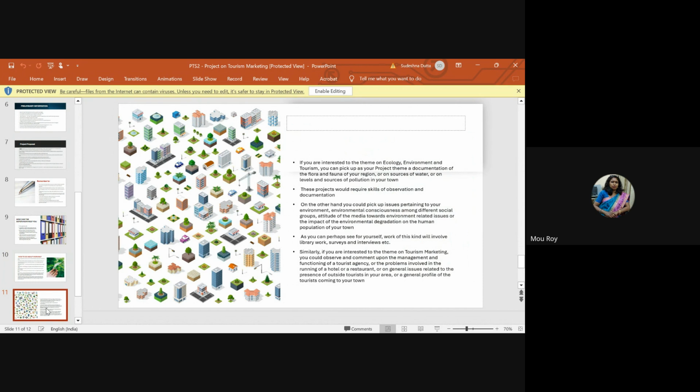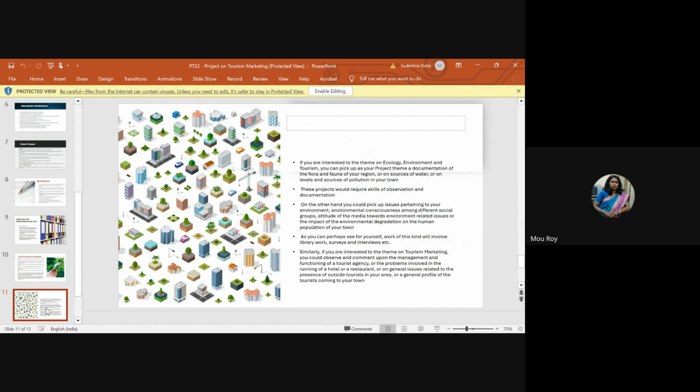Yes, you can always do some study on a hotel, on a restaurant in your local area, or general issues relating to the presence of outside tourists in your area, or international tourists visiting your area. What are the obstacles?